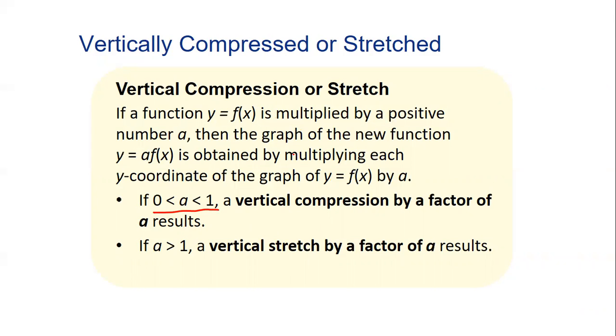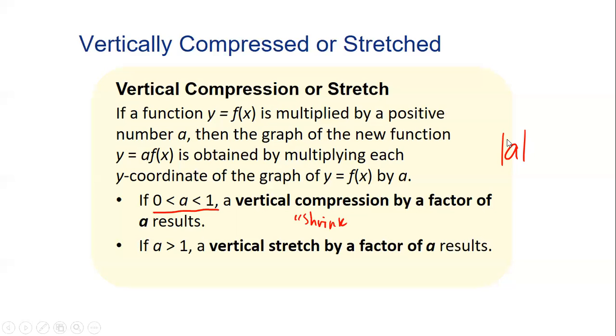In some books, they may call it a shrink. But it's a vertical compression. If your A is greater than 1, we stretch by that factor. When we're looking at A, we're keeping in mind that it's just the absolute value of A. We're not talking about whether it's negative or positive. We're just saying, where does it lie between 0 and 1 or greater than 1?